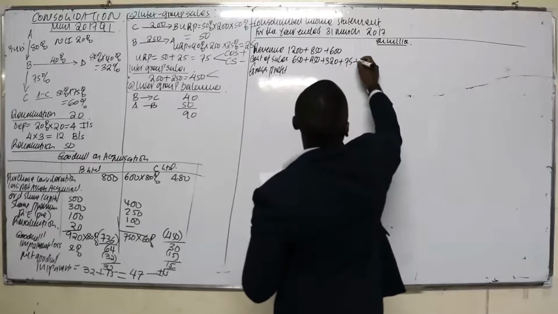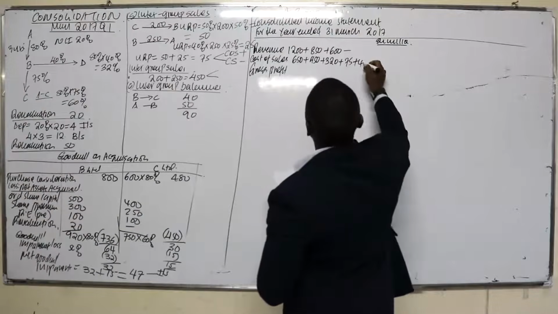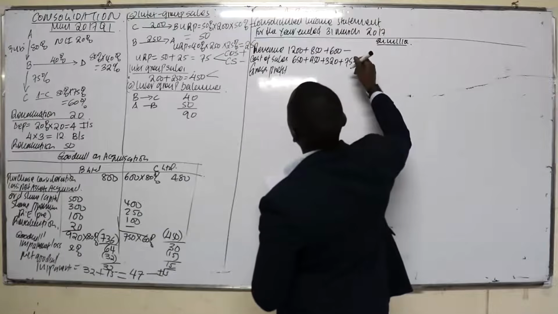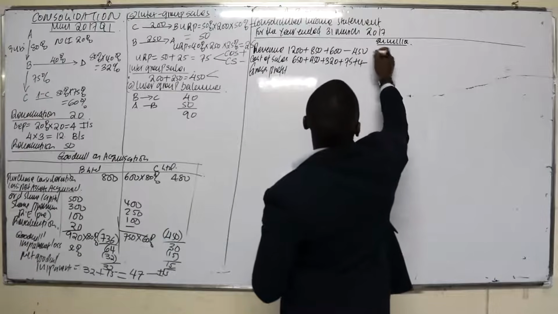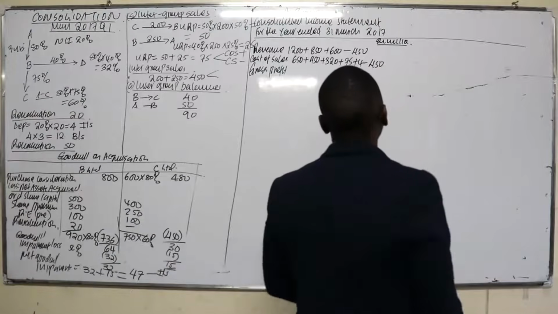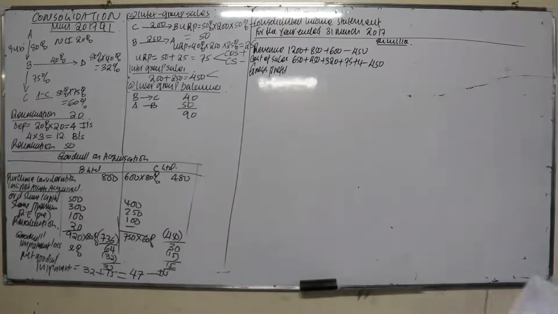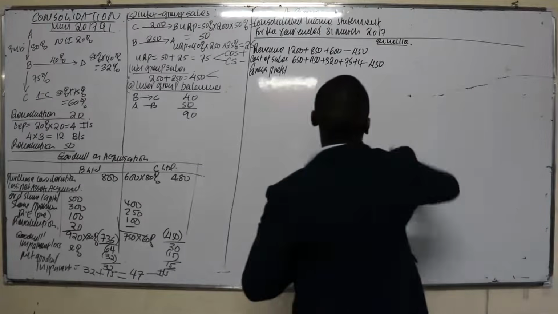You also add 4. And then you eliminate 450. That's 18. 2650 minus 450, you get 2200.